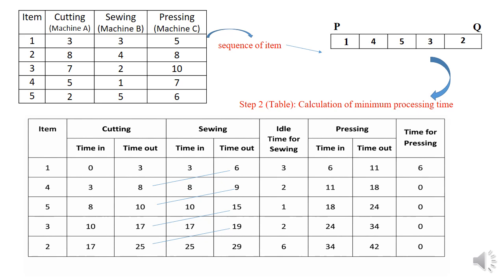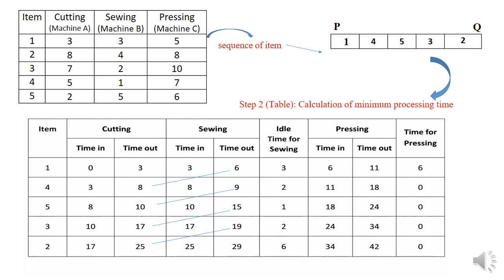Time out of cutting machine or machine A is 3, because time in plus processing time of item 1 in machine A. The time in of item 1 in sewing machine is 3 because when cutting machine completes this item, then sewing machine starts its work.